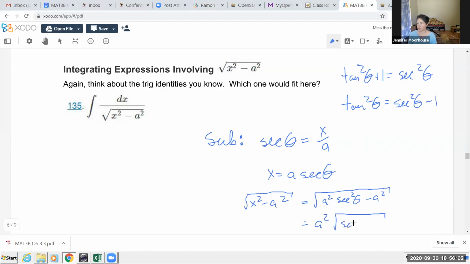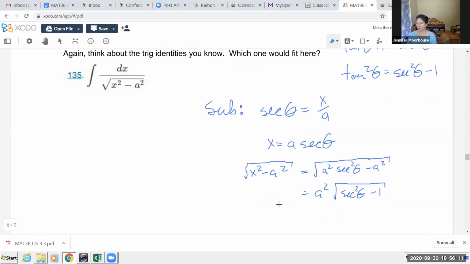Secant squared minus 1, I get to replace that with a tan squared, and then take the square root of tan squared. Oh, and this isn't an a squared, it's just a, because I pulled it out from under the square root. So we get a tan theta.